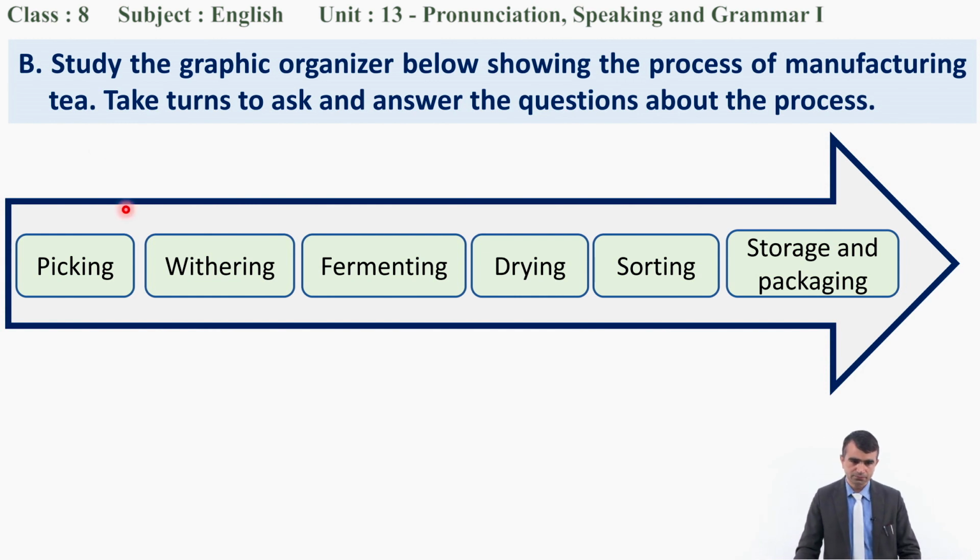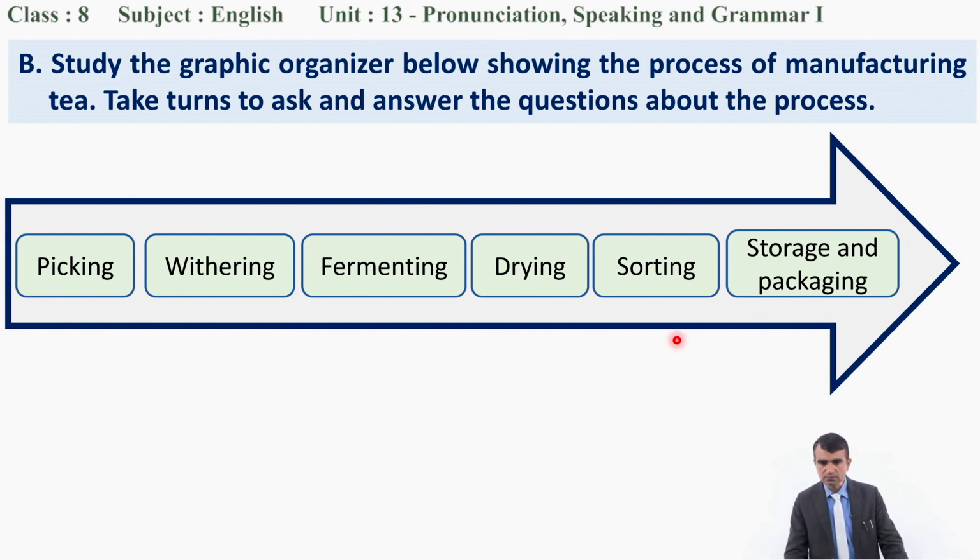Well, the first stage is picking. In the process of tea manufacturing, the first stage is picking, second withering, third fermenting, fourth drying, fifth sorting, and the final stage is storage and packaging.